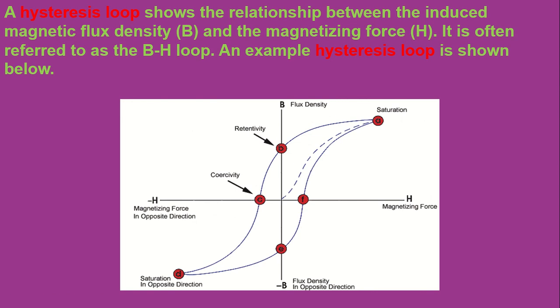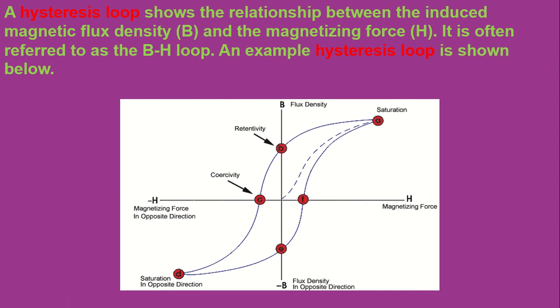So to bring the value of B to 0, a magnetic field reverse of H is required. When we increase H in the negative X direction, the value of B will be 0.